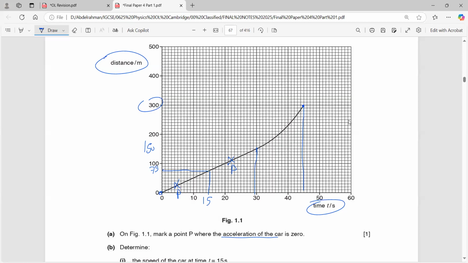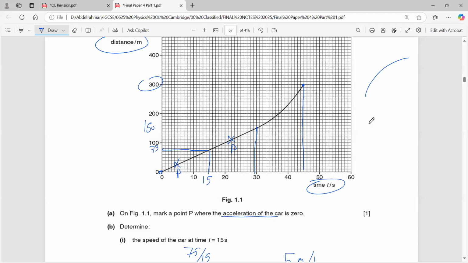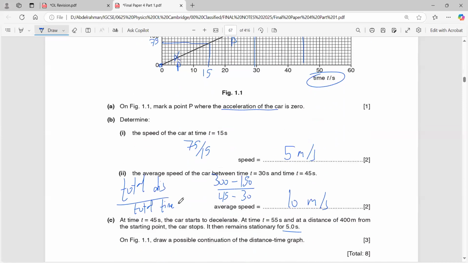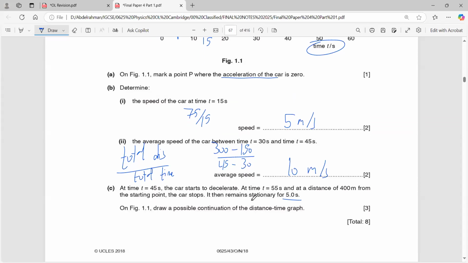Deceleration in the distance time graph means you have to draw a line curving towards the x-axis. By the end the slope should be 0, because it stops. It remains stationary for 5 seconds. At time 45 the car begins to decelerate, and at time 55, at a distance of 400, it stops.